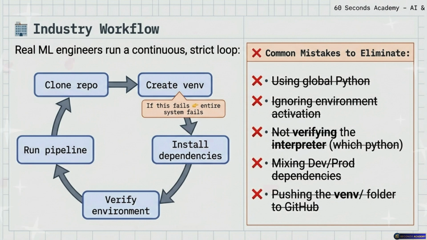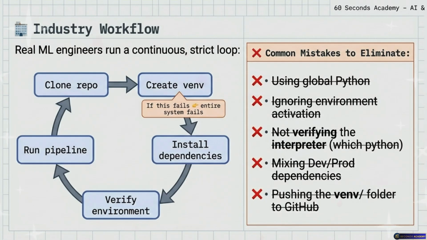Fourth, you verify the environment is active by checking the Python path. And only then do you actually attempt to run the machine learning pipeline. Notice how early in that sequence the environment is established. If step 2 fails, if your environment is corrupted or dependencies clash, the entire system fails gracefully before anything runs. Right. You don't even get to the machine learning part, which is exactly how it should be.